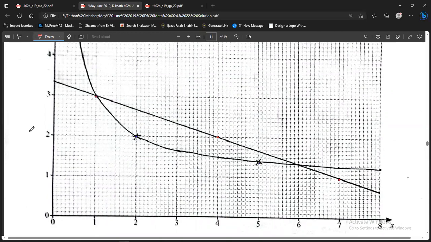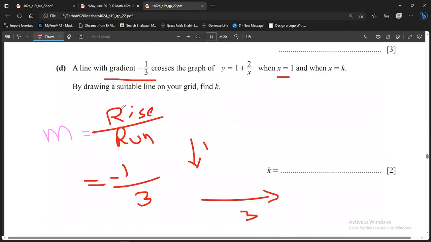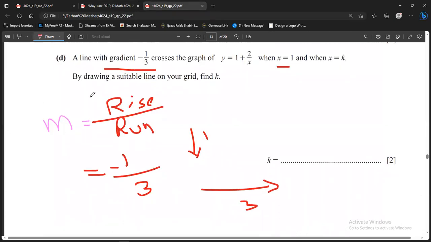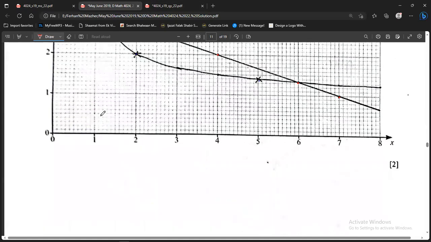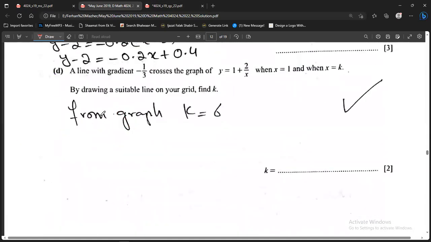Join these dots, and that is the straight line. Find the value of k. So here is k, that is 6. Our answer is right.